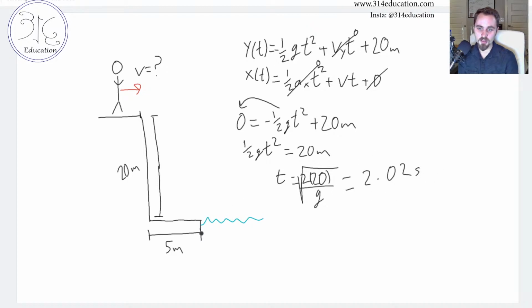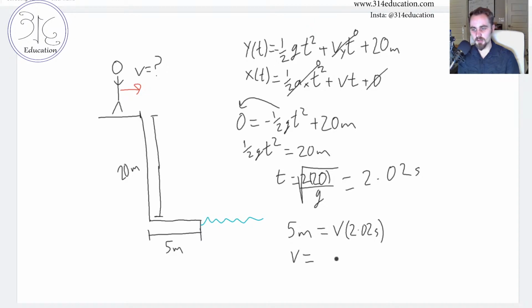So we have this time here now, and we want to use this in this x equation. We want the condition for our minimum velocity that we need to travel 5 meters while traveling at some velocity v, and for a period of time t. And we know that period of time is now going to be 2.02 seconds.